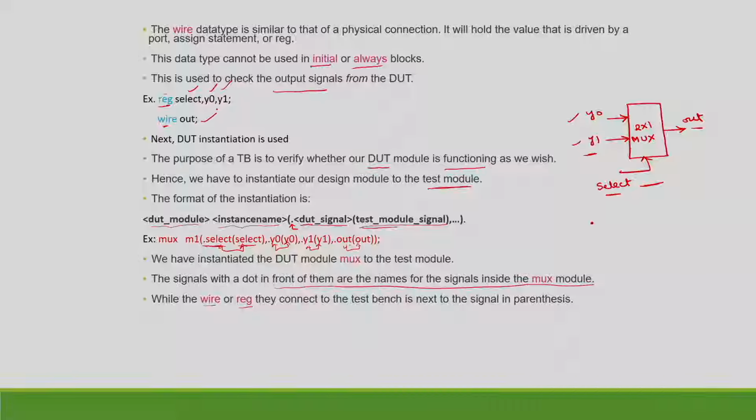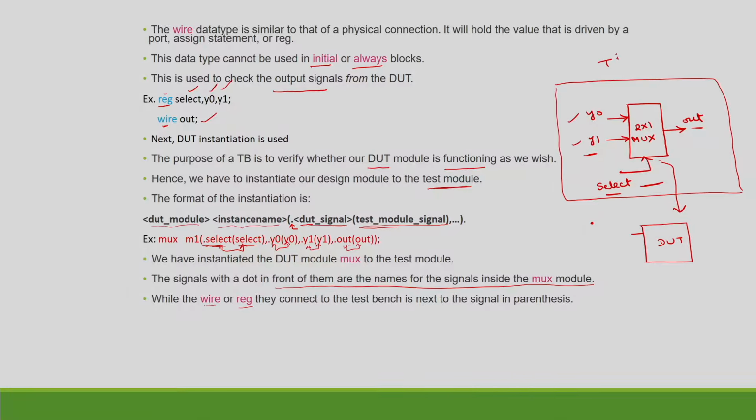Basically we have one is design under test, another is test module. Design under test is having 3 input signals Y0, Y1, select and then one output Y. Overall if I want to connect this to the test bench, the test bench will be having 3 input signals, 1 output.